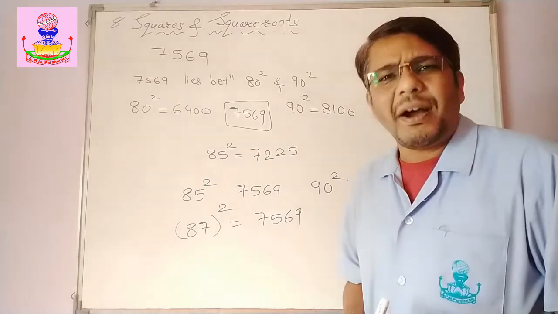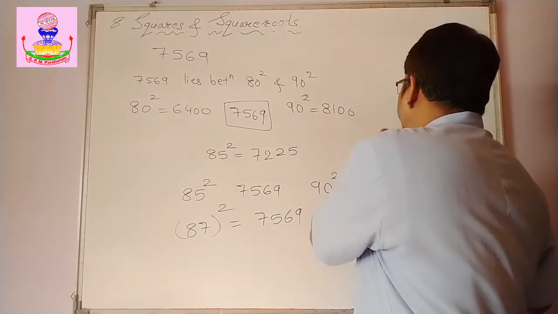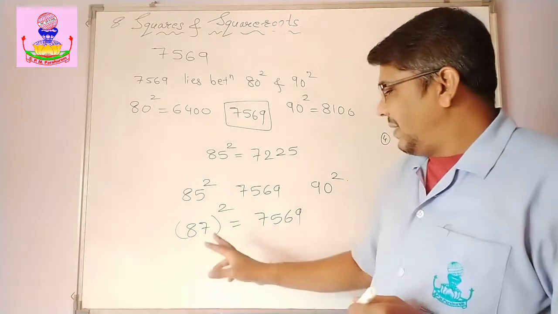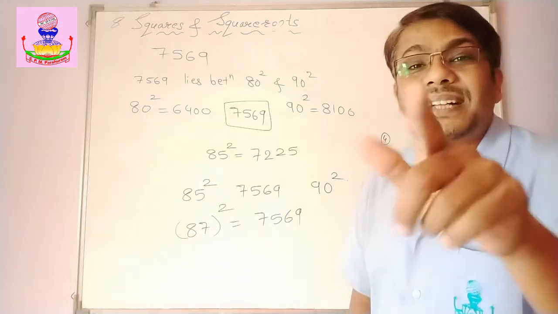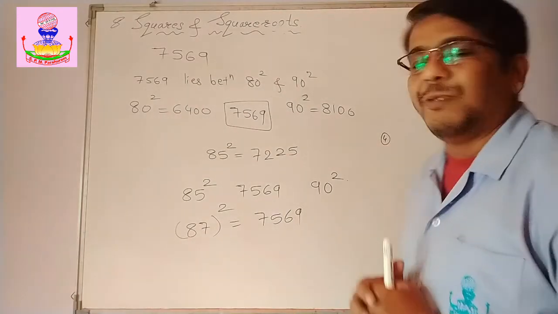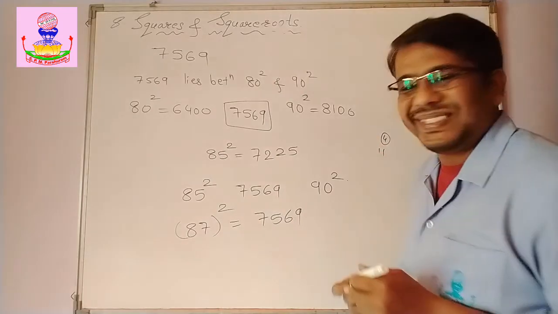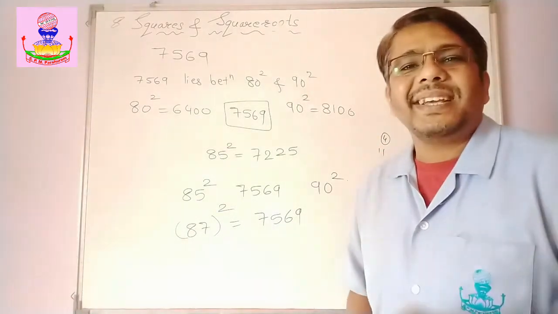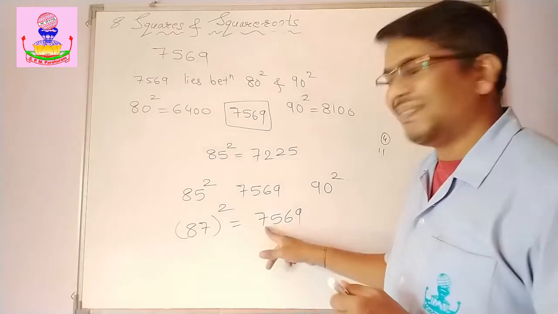Verify करना है. Orally, how to do it? 7 square is 49, 4 carry on. 7 8s are 56, multiply by 2, 56 2s are 112. 112 plus 4 is 116, so 6, 11 carry on. Square of 8, 8 square is 64. 64 plus 11 is 75.